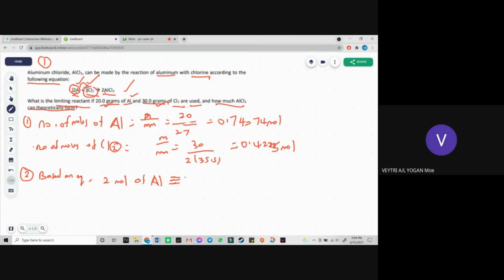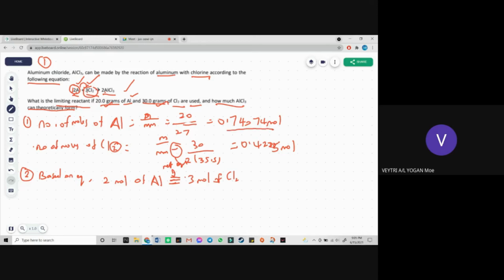2 moles of aluminium reacts with 3 moles of chlorine. Now what are you supposed to do?